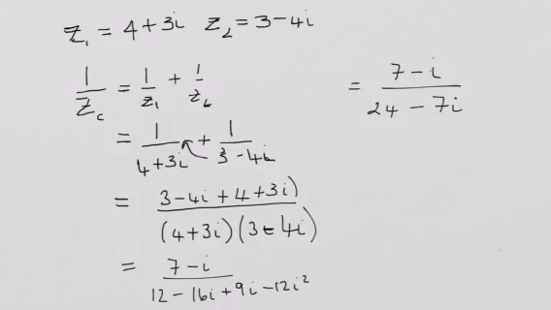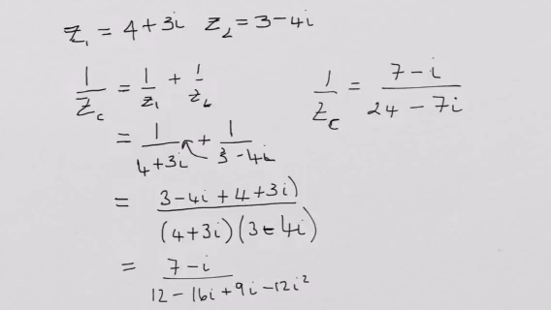Now, it also says find z combined in the form a plus bi, which means we need to multiply the bottom by the conjugate.